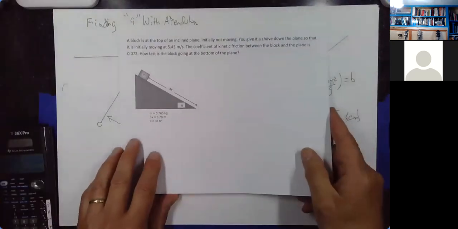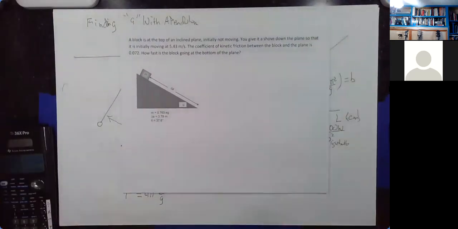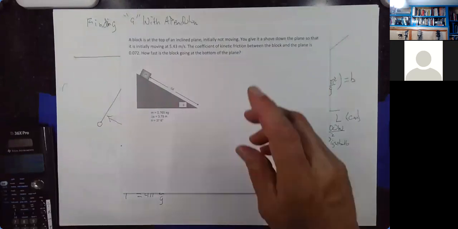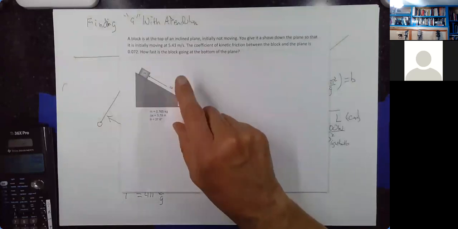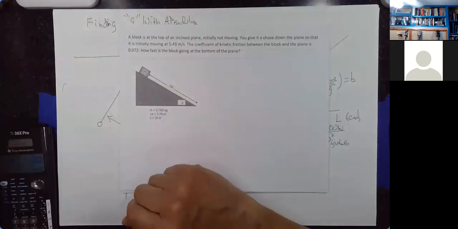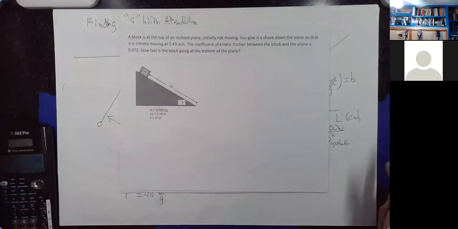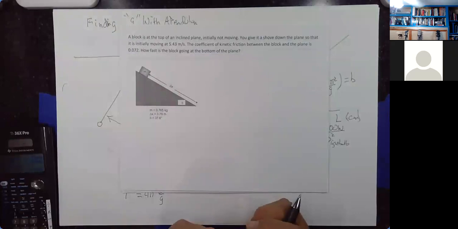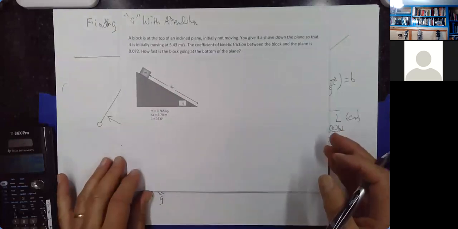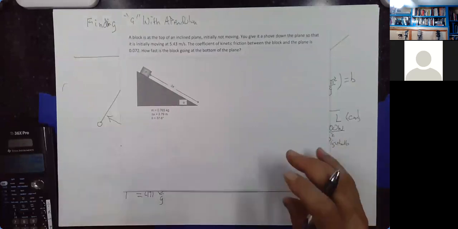We can do this problem now. This is an example of a work and energy conservation problem, but it's one where we actually have a coefficient of kinetic friction. And when this is the case, you'll lose energy, but we can calculate how much that lost energy will be, and see how this might work.